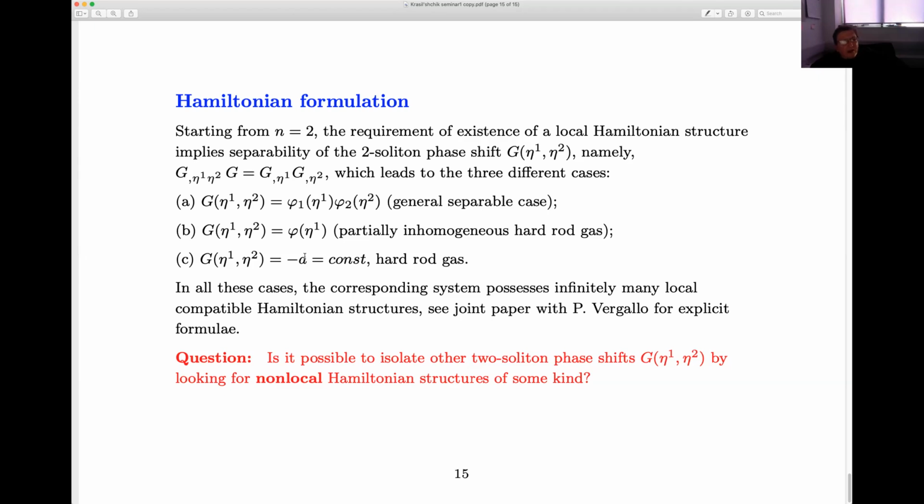By the way, this condition was found by Pierandrea Vergallo. He looked at the Hamiltonian property of this equation, and he found this separability condition. What is remarkable is that to get this condition, you don't even need the flatness of the metric. It just comes from the first set of Tsarev's conditions.